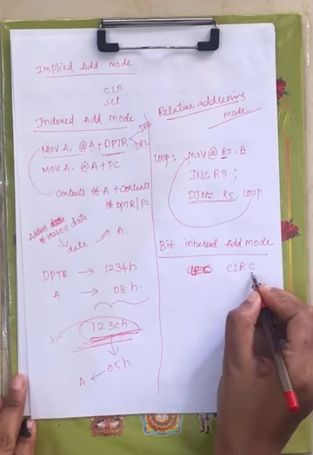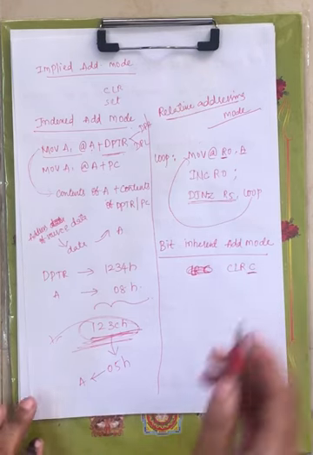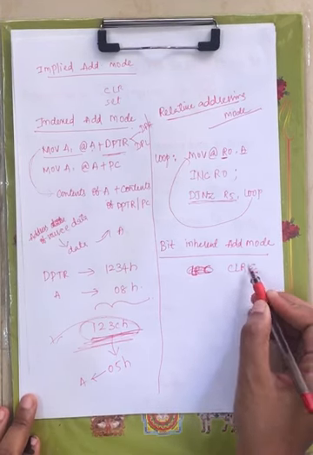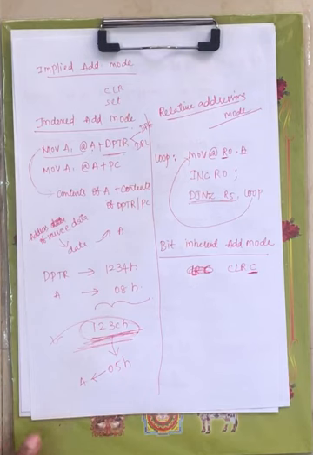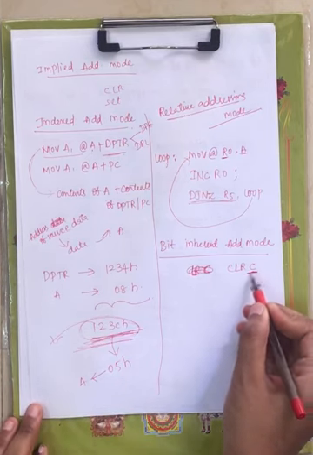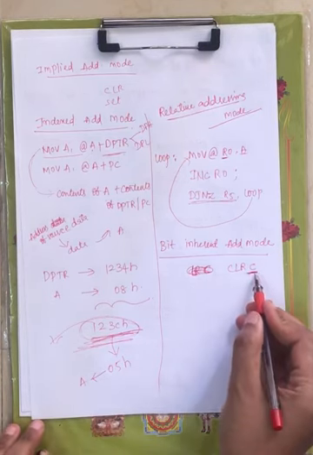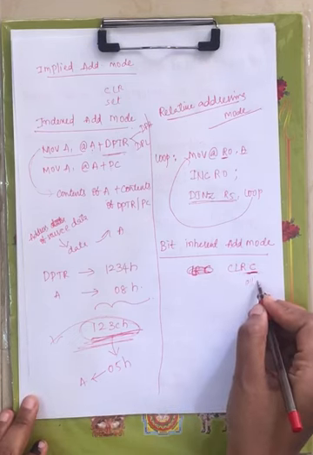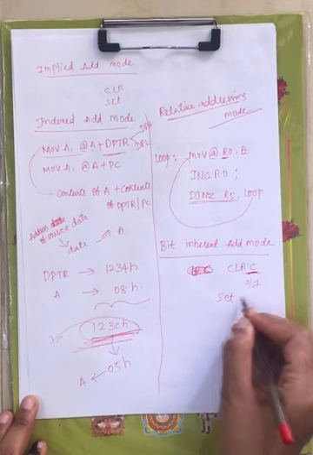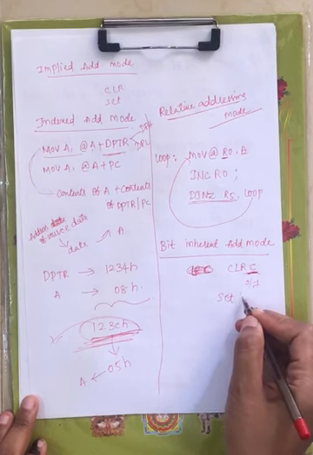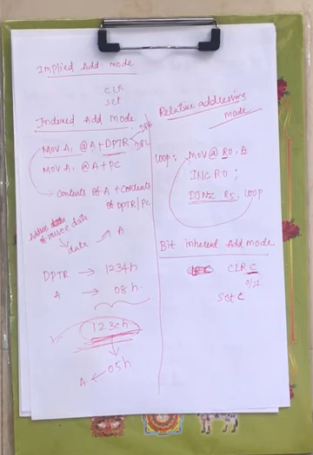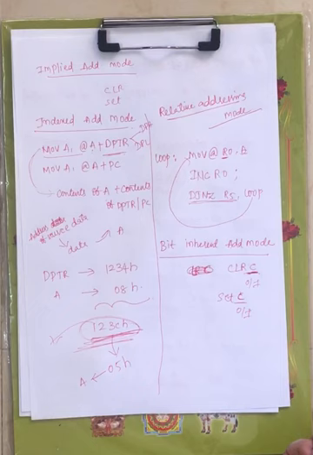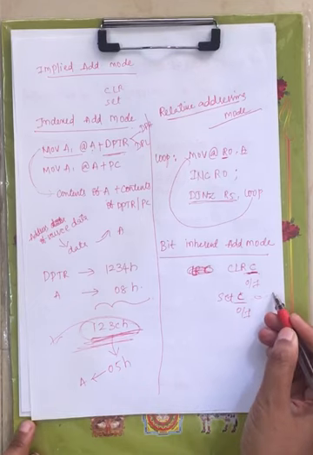Now, a single bit, right? If you are not having this, that is nothing but implied addressing mode. In any given instruction, if it contains only a single bit, if it is 0, it has to be set to 1.